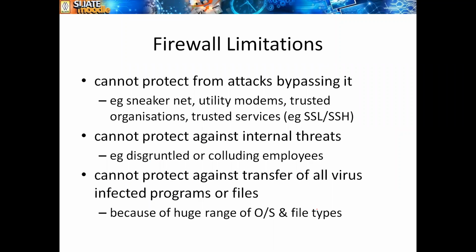Firewall limitation: it cannot protect from attacks that bypass it. Others include Snaker net, utility models, trusted organization, trusted service, SSL. SSL means secure socket layer, used for configuring HTTP or DNS service.